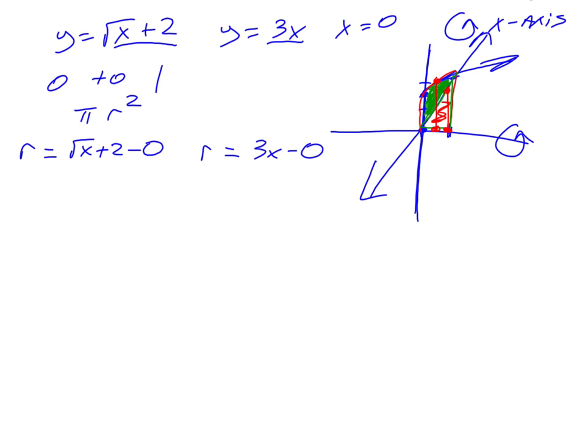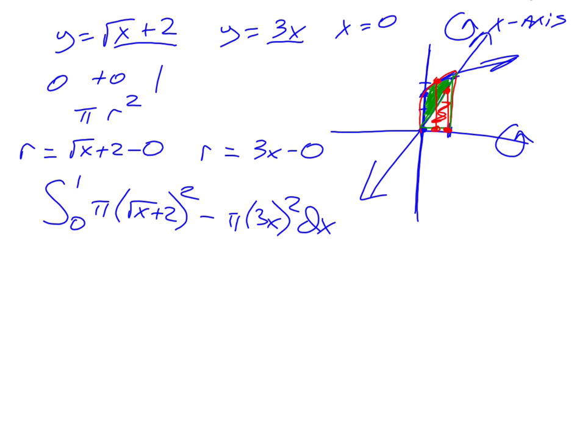All right, so then we're going 0 to 1. I've got pi. I take the first one, square root of x plus 2 squared, and then I'm subtracting the other one, pi (3x) squared dx.